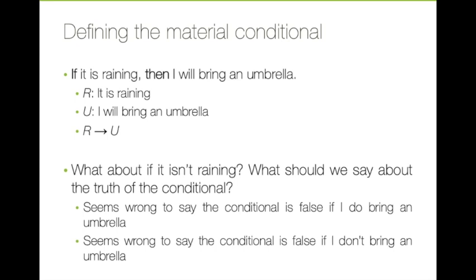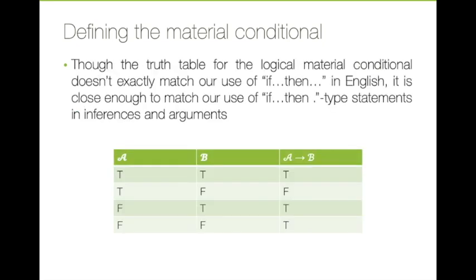Since it doesn't seem right to say that the conditional is false, no matter what we do, if it's not raining, if the antecedent is false, we assign the conditional true whenever the antecedent is false, regardless of the truth of the consequent.